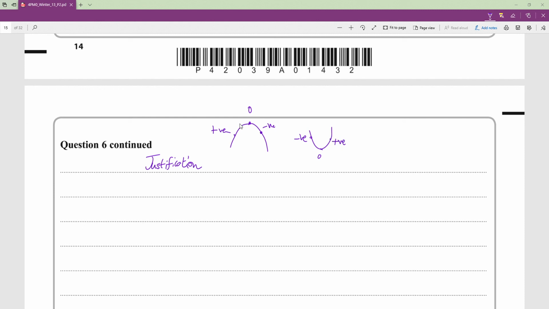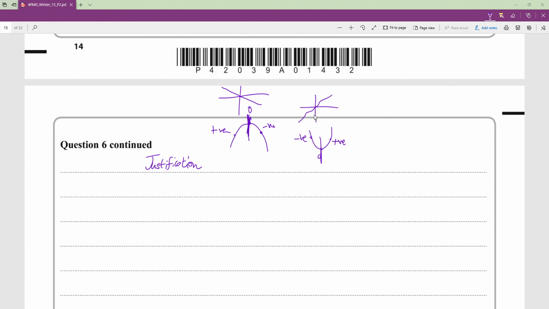So if we graph the first derivative, if this is the minimum with our vertical line through it, it would be positive, and then 0, and then negative. And for our minimum, it would be negative, and then 0, and then positive.